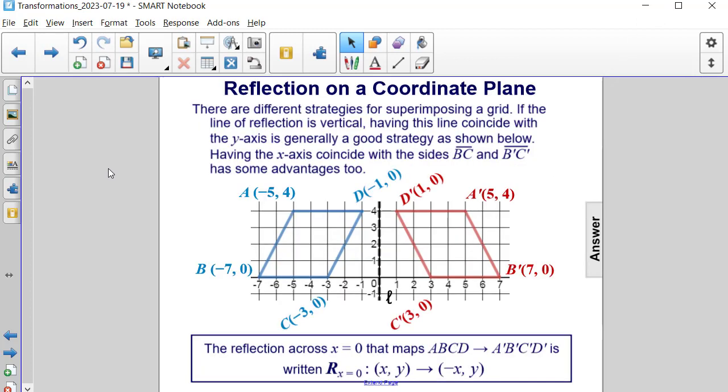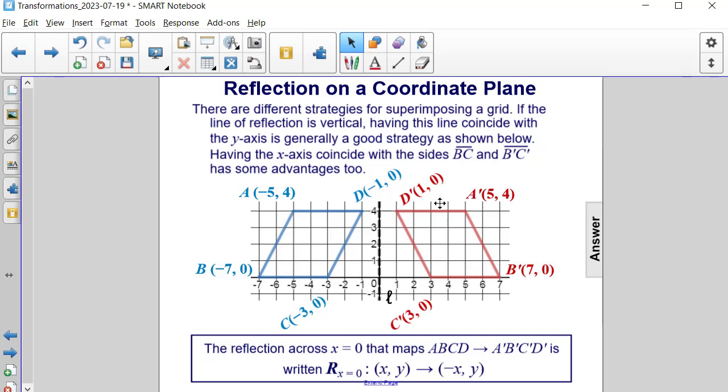There are different strategies for superimposing a grid. If the line of reflection is vertical, then having this line coincide with the y-axis is generally a good strategy, as shown in the figure below. Having the x-axis coincide with sides BC and B'C' has some advantages too.